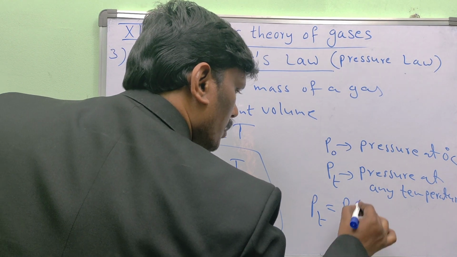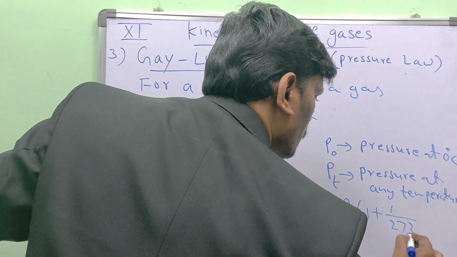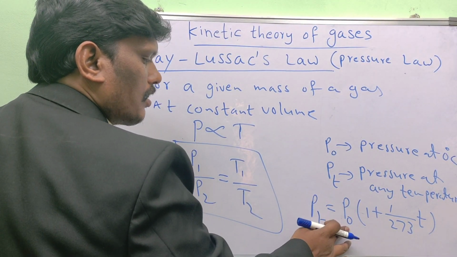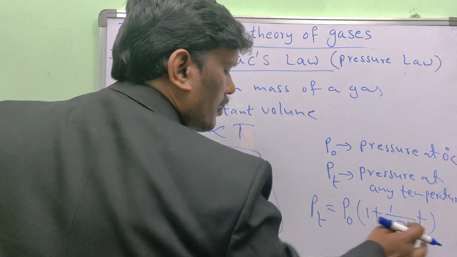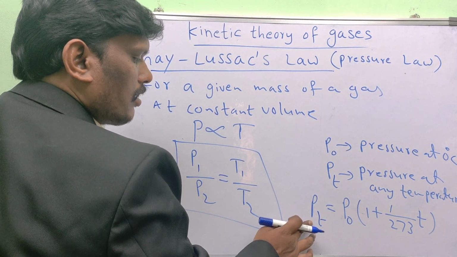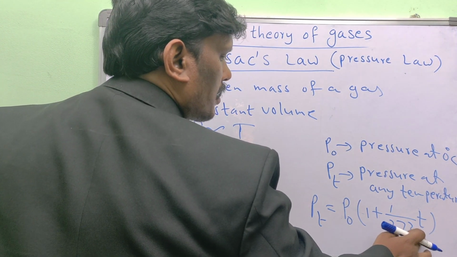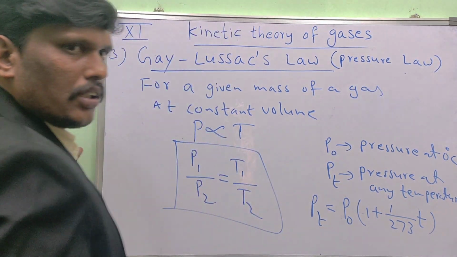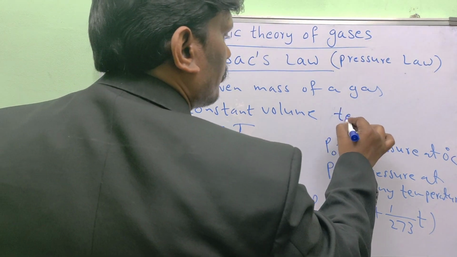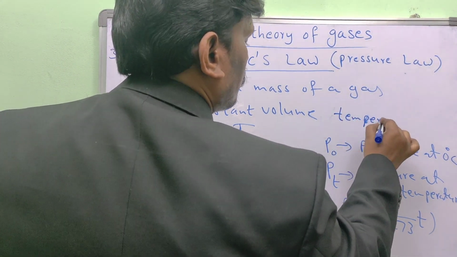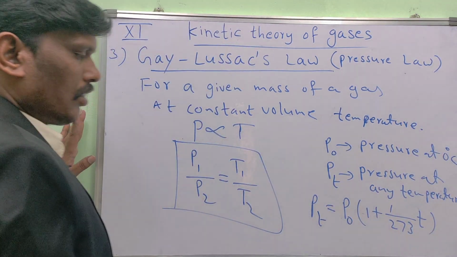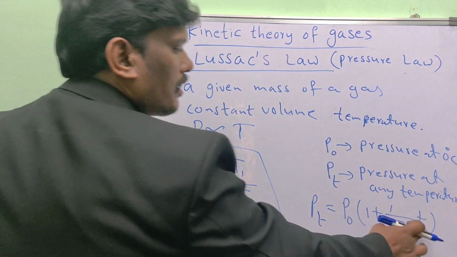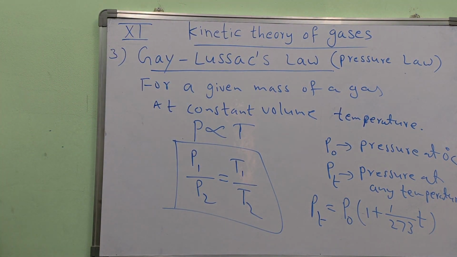Pt is equal to P naught into 1 plus 1 by 273 times T. So if I know the pressure at 0 degrees Celsius, substitute here, and I get the pressure at any temperature T. Substitute the temperature value. Note down, students.